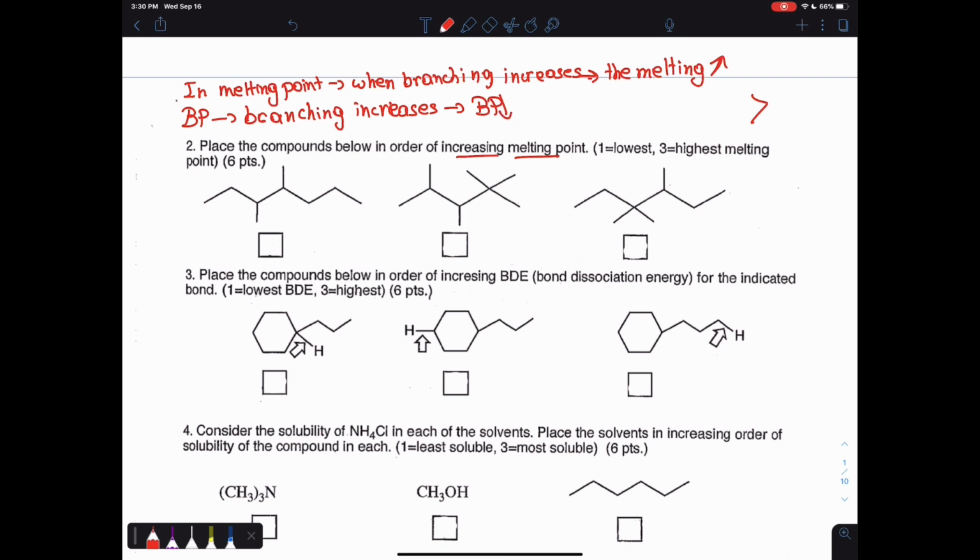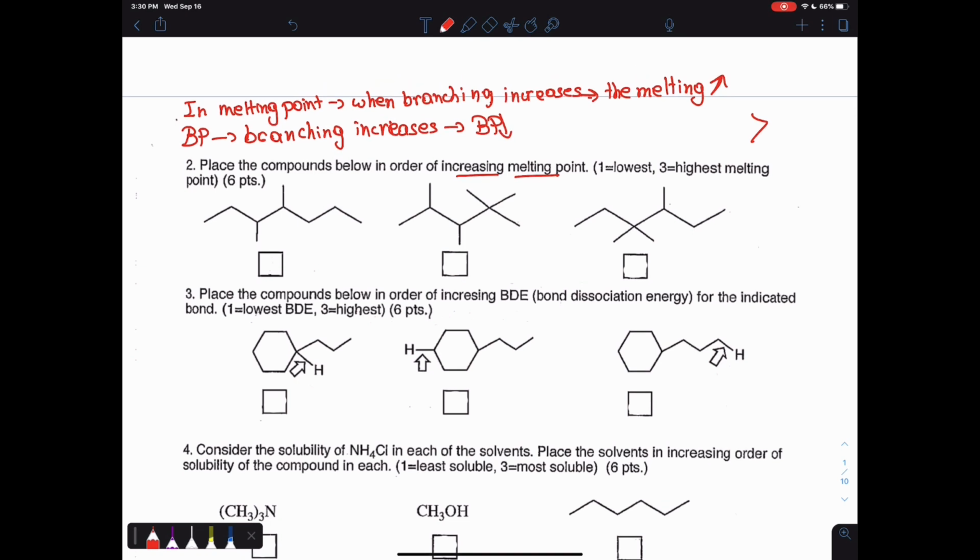The reason why is when you have melting point and you have branching, it will let the molecule stack in a better position, making the melting point harder to reach. However, in boiling point, when branching occurs, it's harder to have LDF with other molecules because they're so crammed in.